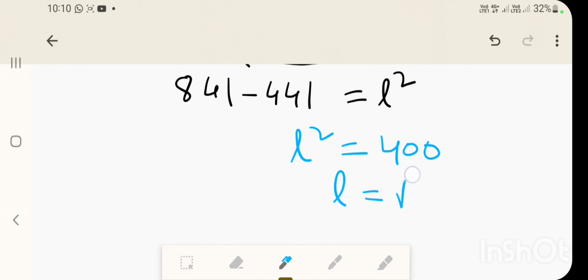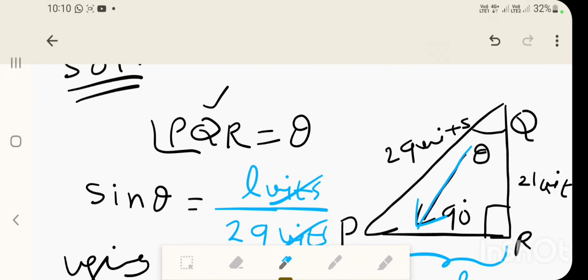From this we get L equal to root 400, which is 20 units. So we got the length of the opposite side to the angle theta.